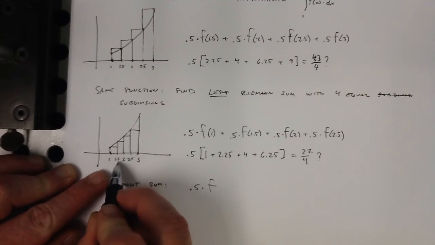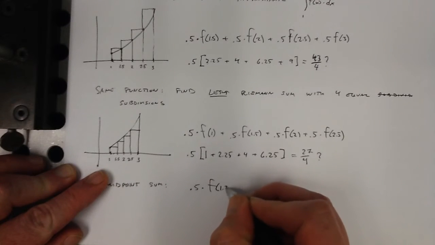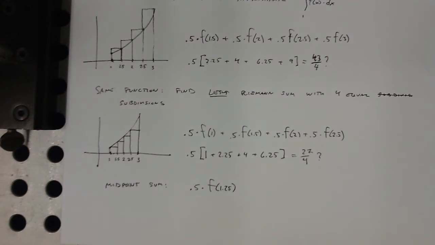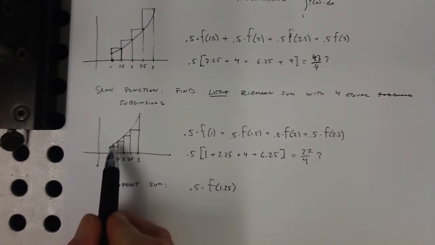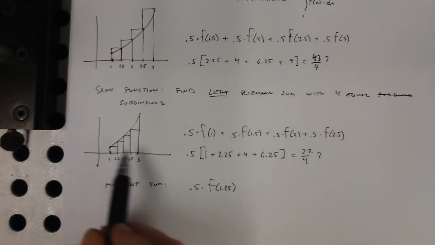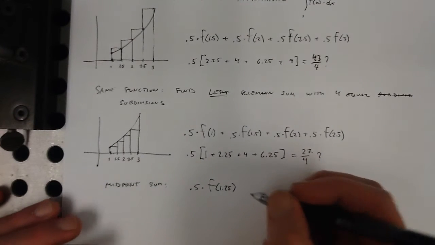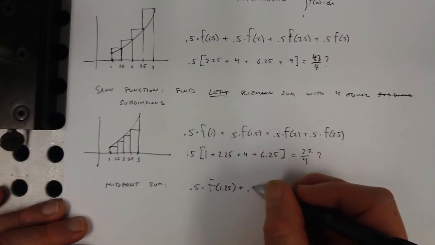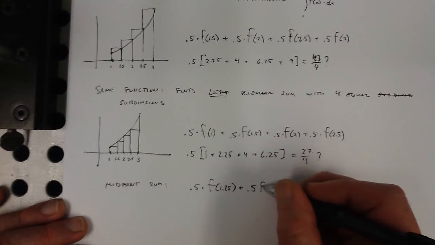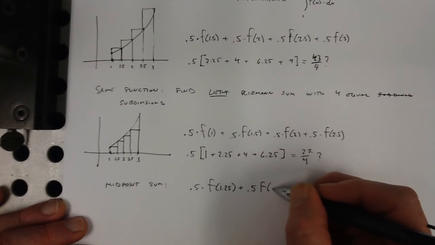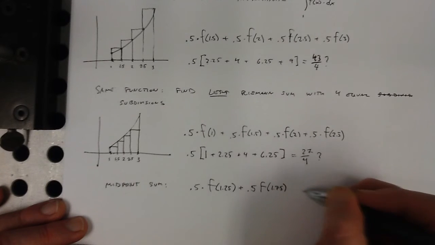The first interval is from 1 to 1.5, so I'd use f of 1.25 to define that. And you might be thinking to yourself, oh, that'll probably be a better estimate because I'll have a little bit extra here and a little bit short here, so maybe it'd be closer to the real thing. And you'd be right, it tends to give a better estimate, not always, but usually.